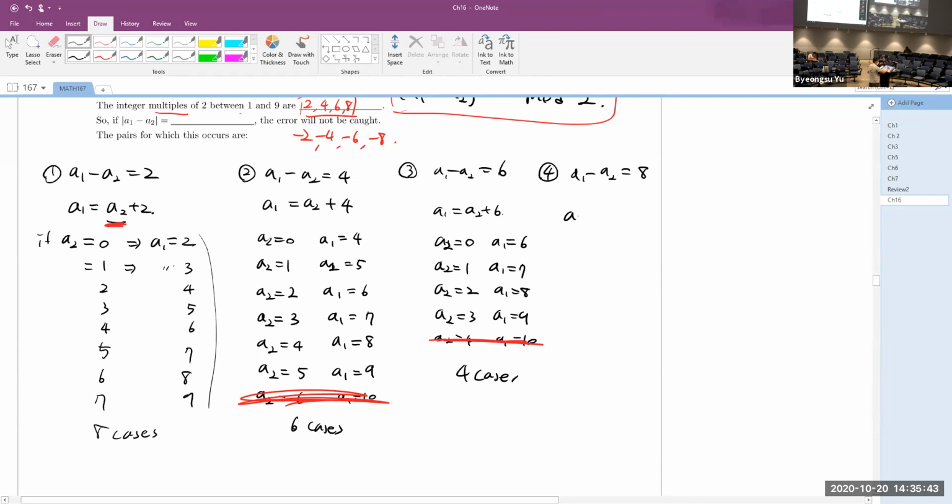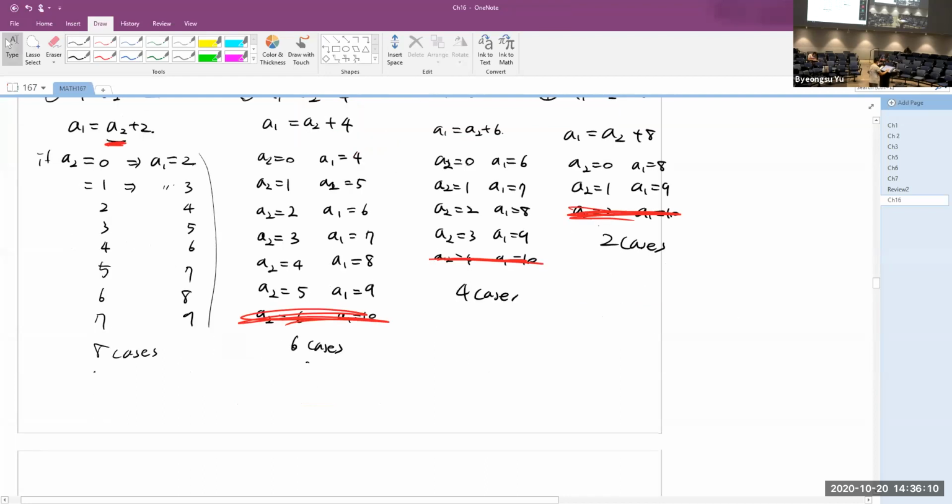And maybe you notice that from 6, 4, the next should be 2, but let's check it. A2 is 0, A1 is 8; A2 is 1, A1 is 9; A2 is 2, A1 is 10, but 10 is not allowed, so delete these cases. So all cases here are 2 cases.